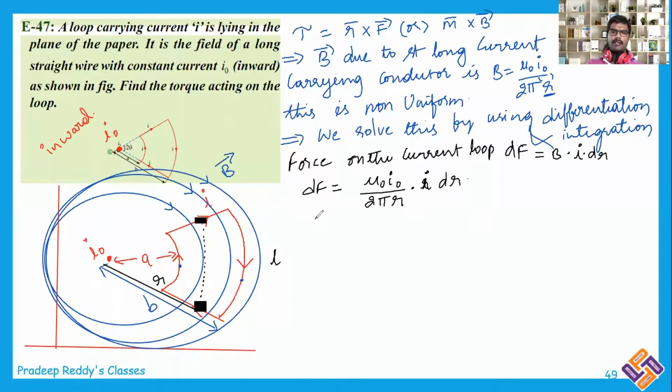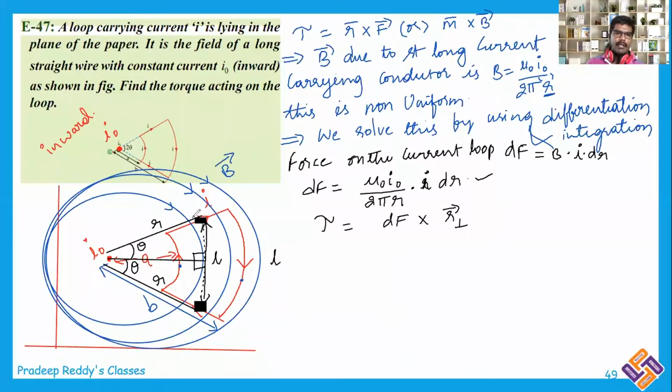Now in order to calculate torque, we have the relation tau is equal to dF cross R bar. What is R? R is the perpendicular distance where the force is acting, and you need to first find that perpendicular distance. So this is the dF we have got. Let me find the perpendicular distance, R perpendicular, which is this length from here to here.